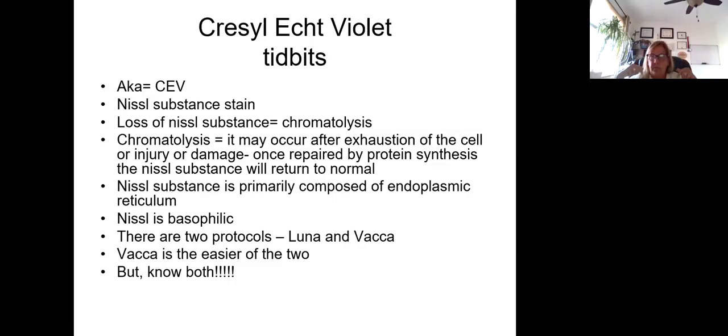So keep in mind that there are two chemicals that sound very familiar to one another. There's the Kreselec violet and there's the crystal violet. So, yeah, we are trained to refer to it as CEV instead of saying, hey, grab me the Kreselec violet, which can be confused with, hey, grab me the crystal violet.